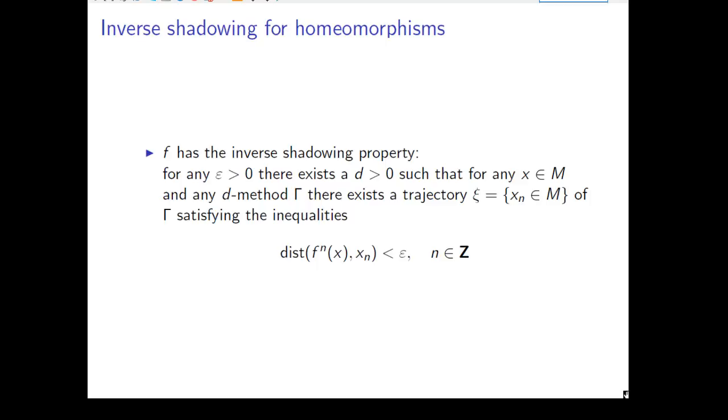This precisely means that you take an exact trajectory, you take a method producing approximate trajectories, and it must produce a close trajectory.